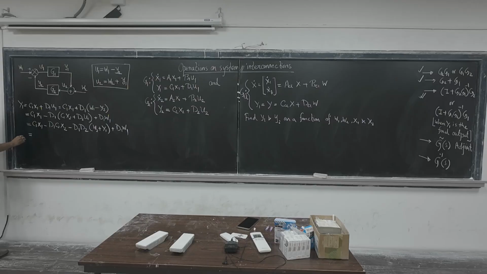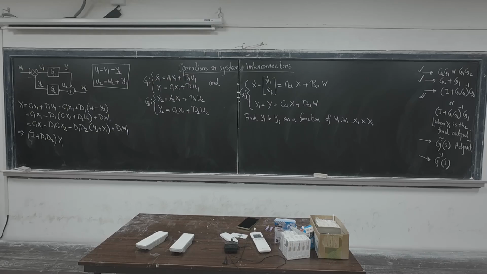That is, after this, what should I write? That is I plus d1 d2, and then y1. Here also you must be careful that y1 is a vector, so it will always be on the right side. In no way can we write y1 into I plus d1 d2, okay?